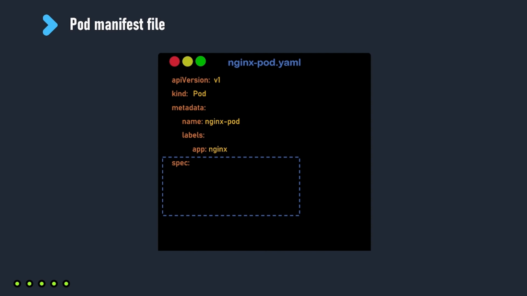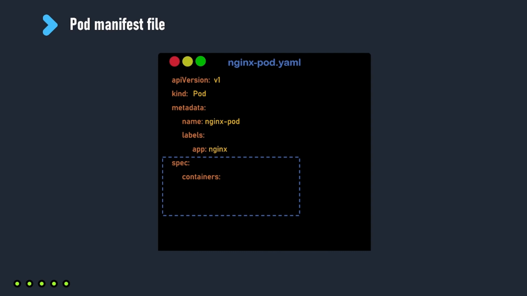One of the properties that we have here under the spec section for a pod is the containers property, which is an array used to define the containers that you want to create as part of this pod.